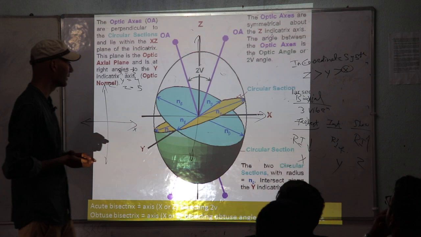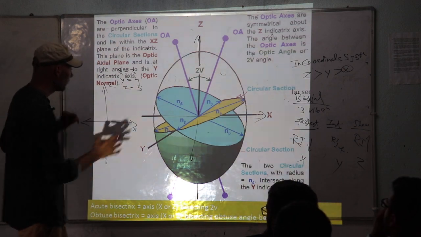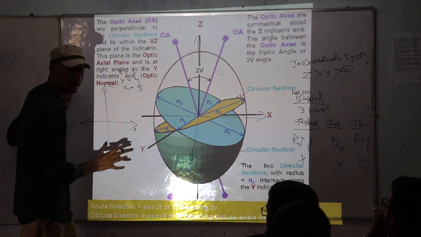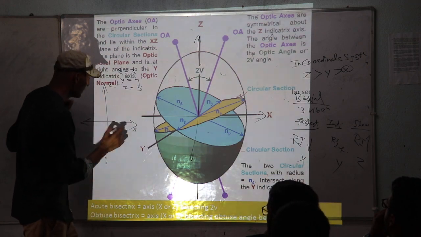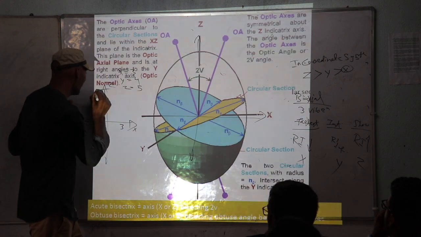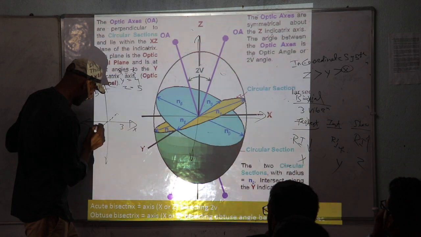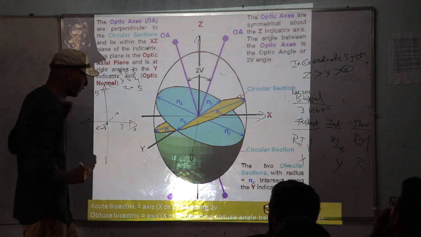These are different refractive indices; I am taking just an example to make you understand. X is the lowest axis, so I am representing 3 here, I am representing 5 here. This will be my Y, and here I am representing 4.